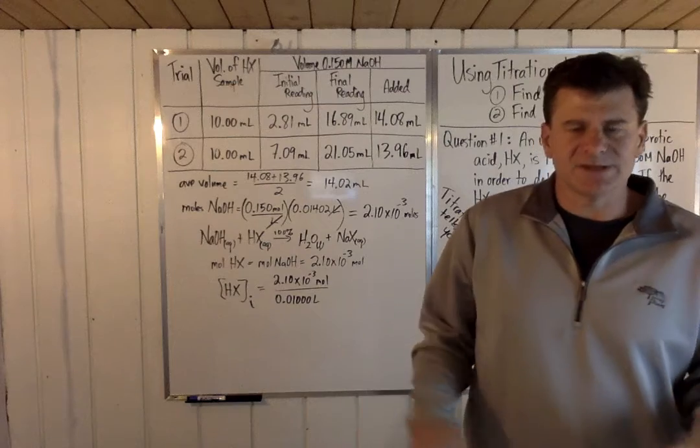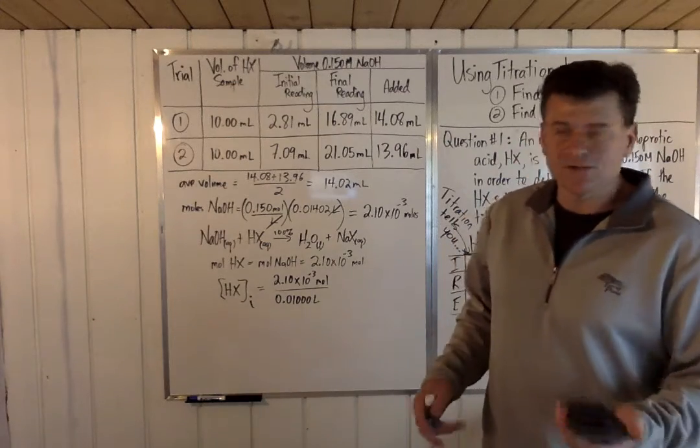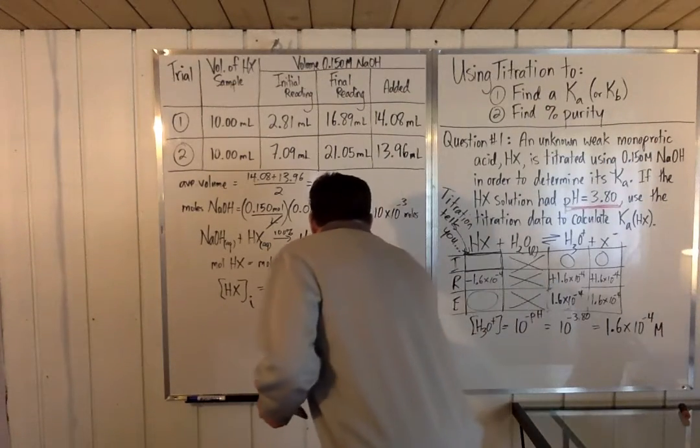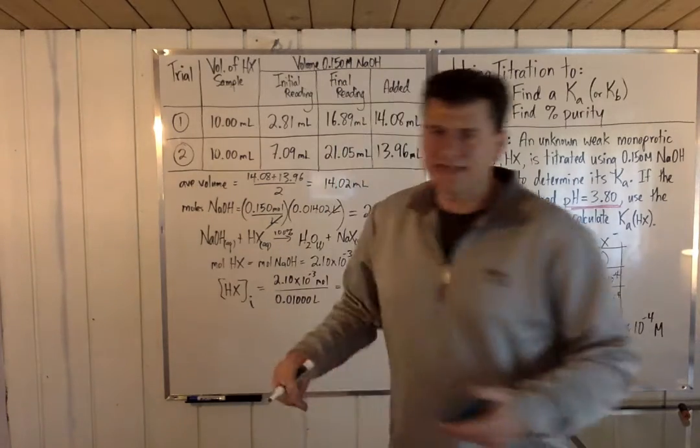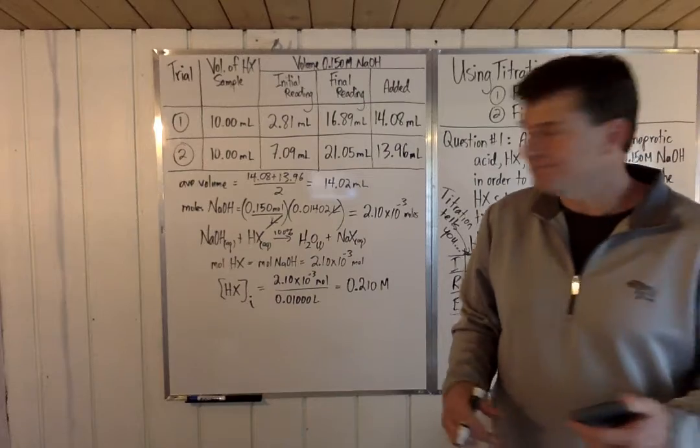Keep the zeros to indicate sig figs, which means the acid was 0.210 molar.